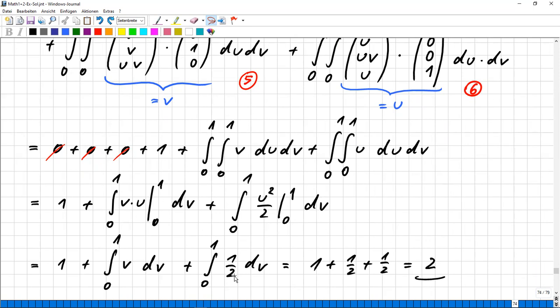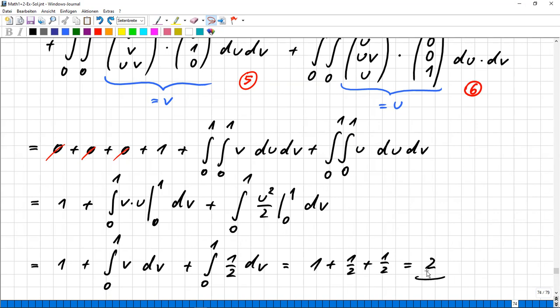So the flux contribution of this vector field on the surface of the cube consists of a contribution of 1 due to the fourth face of the cube, and a contribution of 1/2 due to the fifth and the sixth face in both cases. So altogether, we get 1 plus 1/2 plus 1/2, which is exactly 2.